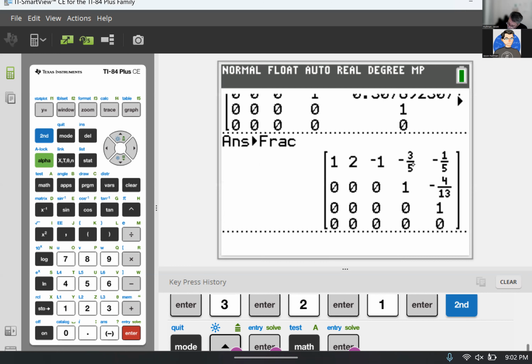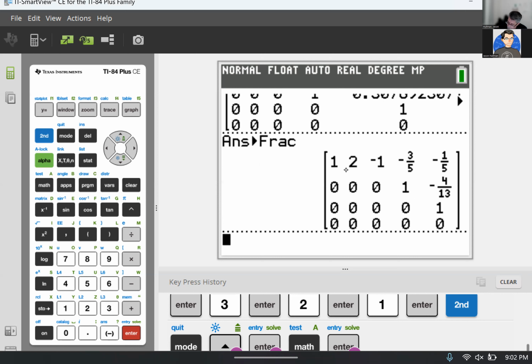1, 2, -1. So there's only 3 rows with ones, and 3 columns with ones. I only have 3 leading ones. So 1, 2, -1, -3/5, 1, -1/5, and then 1 and 6/13, and then a 1.